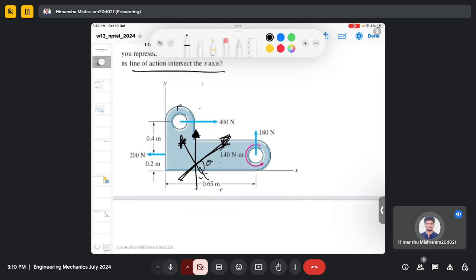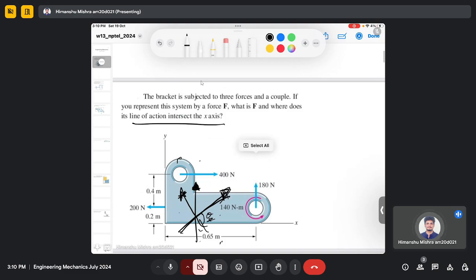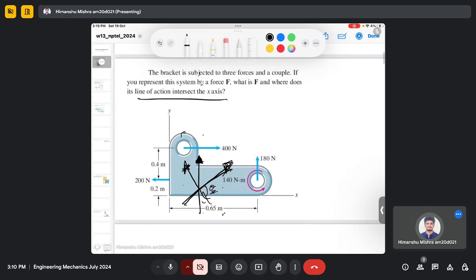We don't know what is the angle theta here. So the better way to estimate the force is to use the force balance equation, because if we use the moment equation to find the force, then we actually require the perpendicular distance from the y-axis, but we don't know this either. So this perpendicular distance d and the force are unknown quantities.